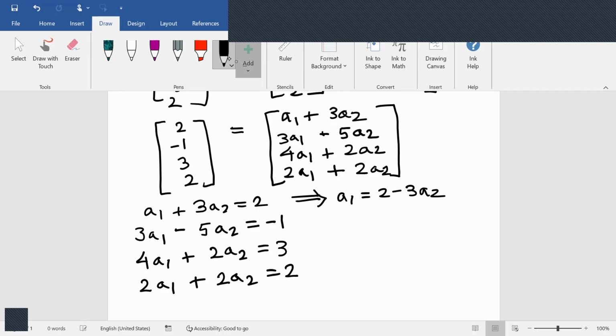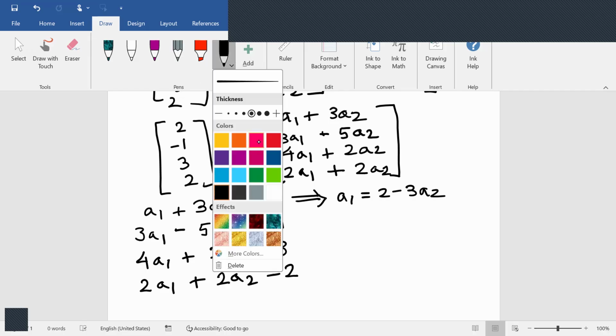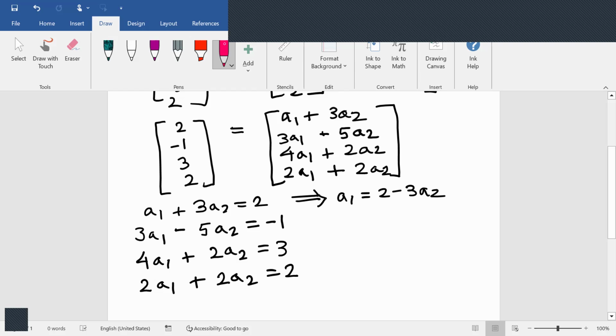Now I'm going to substitute this value of a1 in this equation. Once I do this substitution, we will one by one start getting the values of a1, a2, and then rewrite that in our equation.